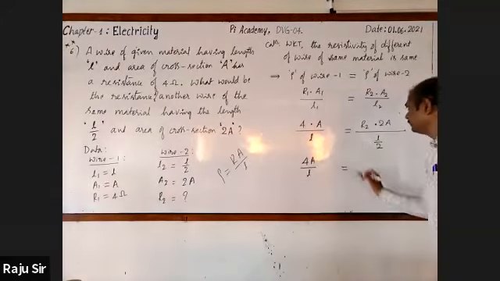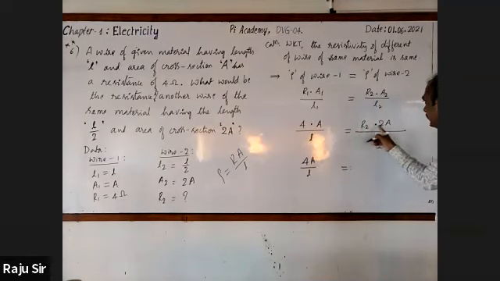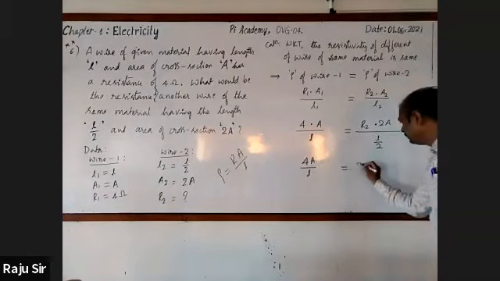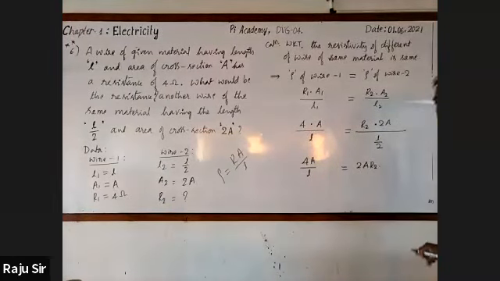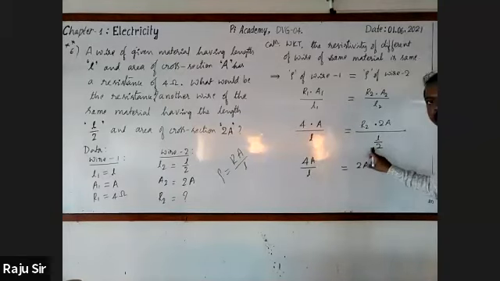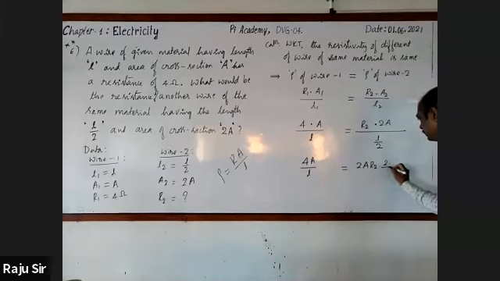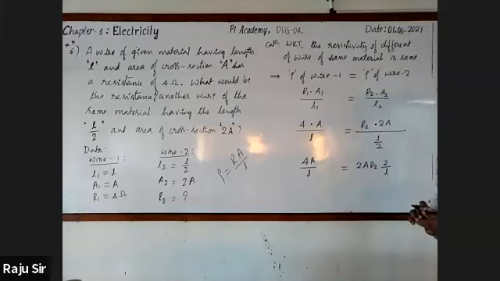This is equal to R2 into 2A, that is 2A into R2. In the denominator, we have L by 2. Take the reciprocal of the denominator. It is 2 by L.